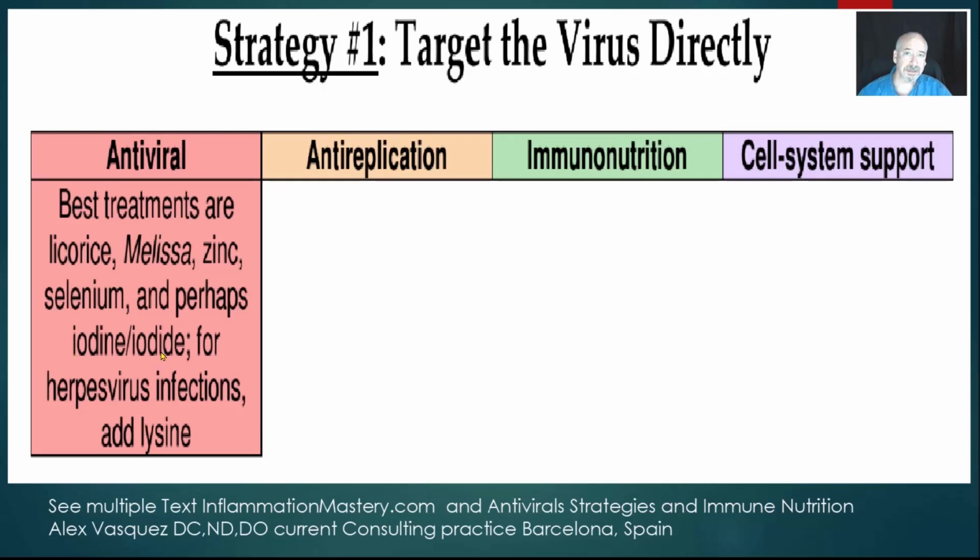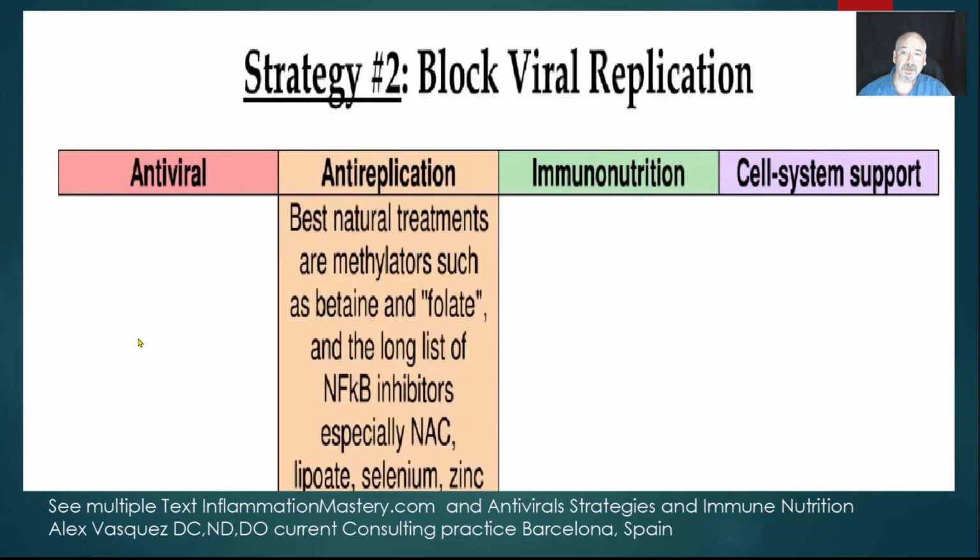Iodine presence, and not being absent, matters. The abundance of too many competitive halides can be a problem. Lysine helps in the case of cold sores or herpes simplex 2 in the genital region.